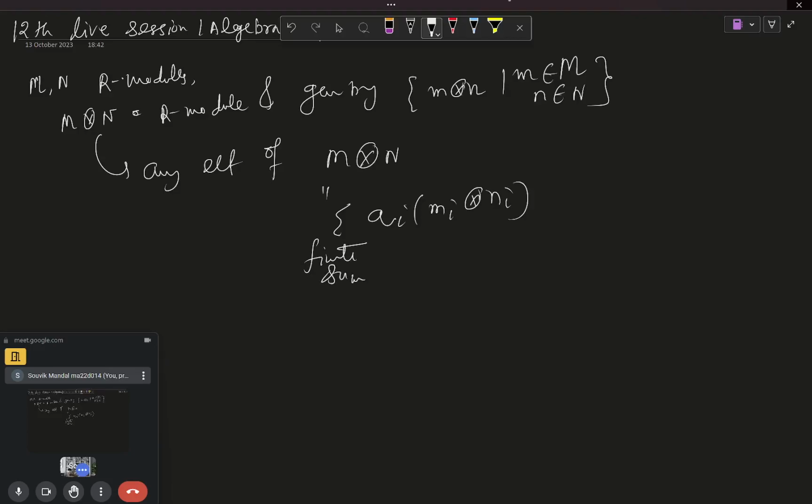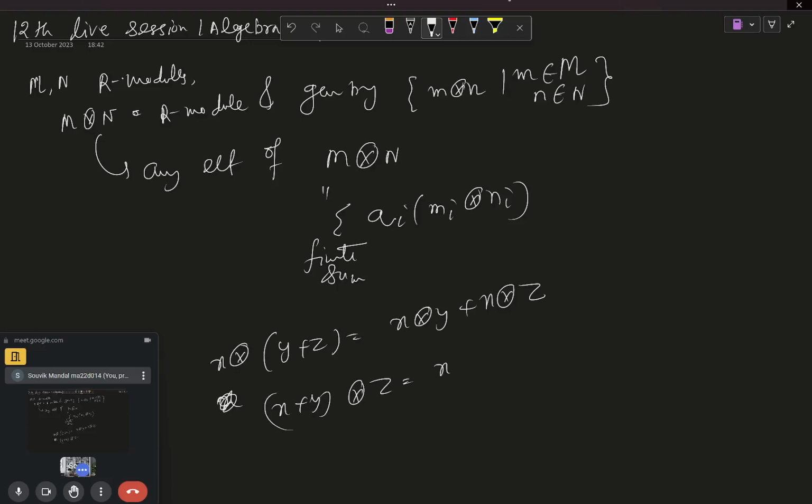Got it. So this is one thing. Also, the tensor product has the following properties: x tensor (y plus z) is nothing but x tensor y plus x tensor z. Secondly, (x plus y) tensor z is equal to x tensor z plus y tensor z.